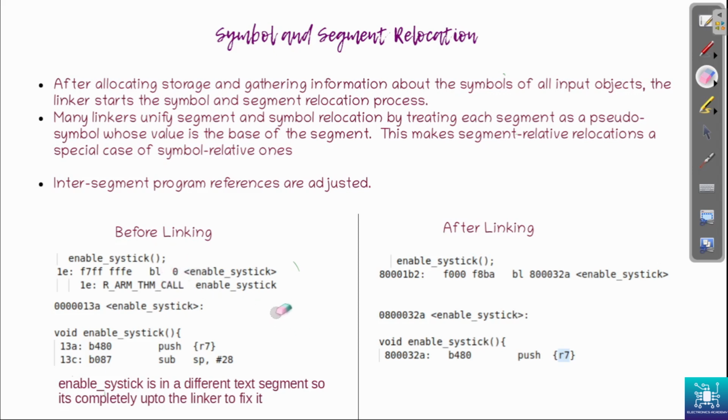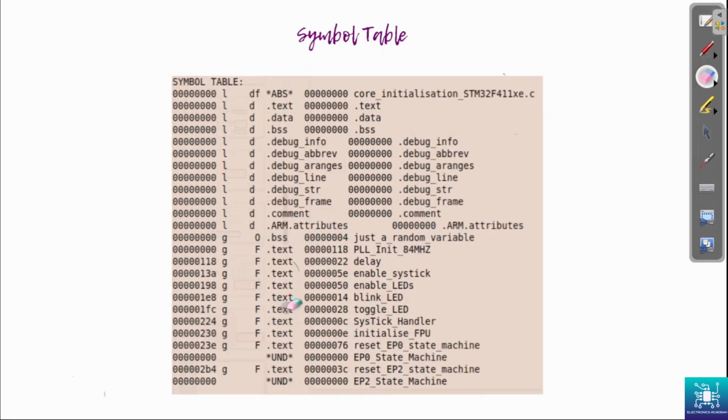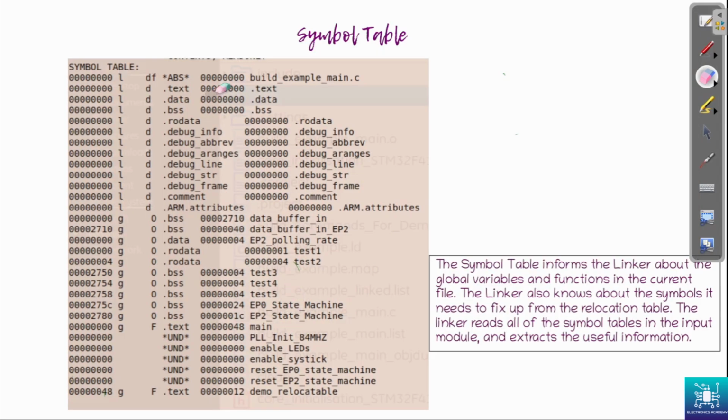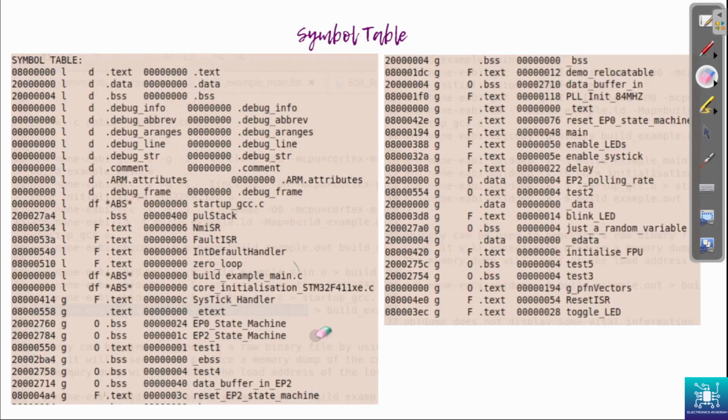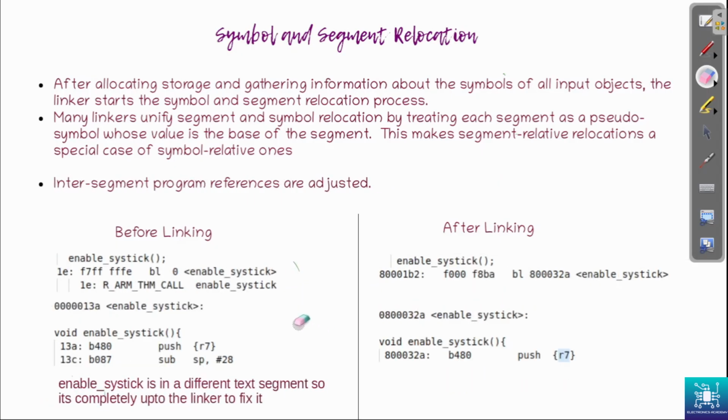And if you have a look at the symbol table for this one, enable sysdig said undefined in the main function. That is what we are seeing here. It was BL0, and then after linking, this has been fixed up by the linker.